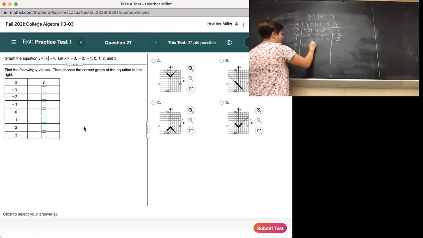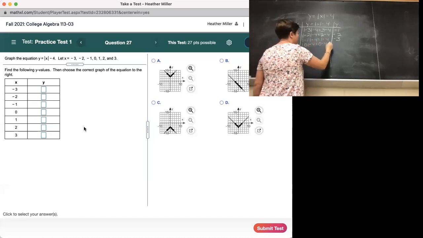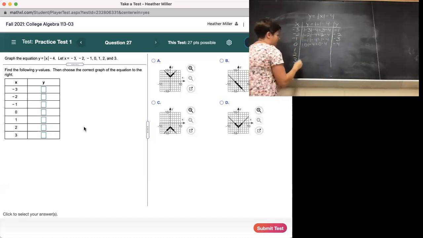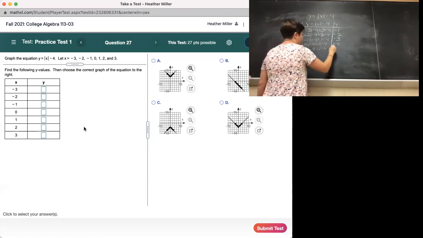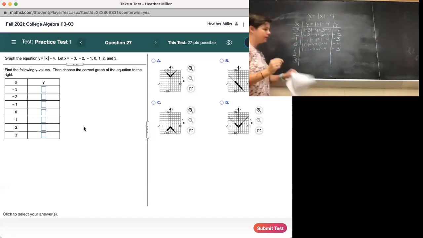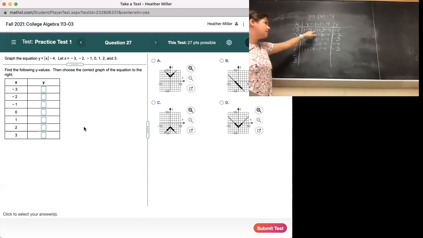Absolute value of 0 minus 4 equals 0 minus 4. Absolute value of 1 minus 4 equals 1 minus 4. So at that point right there, notice the absolute value of the positive numbers is going to give us the same as the absolute value of the negative numbers.